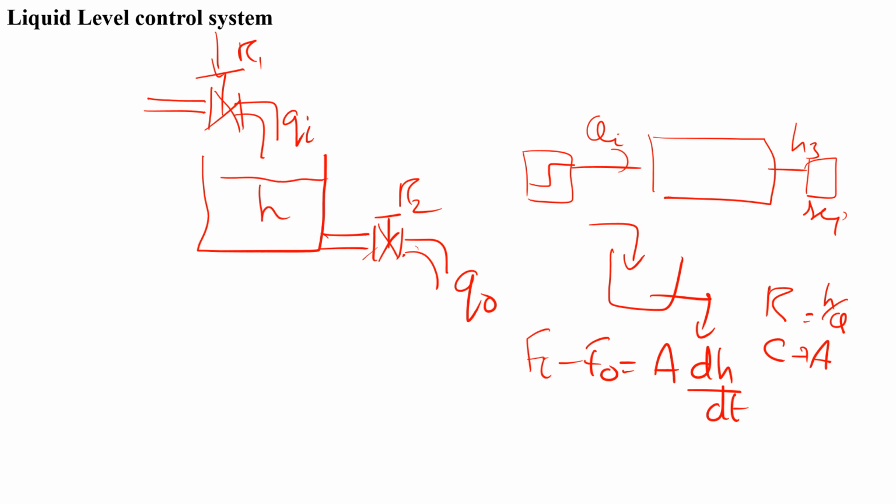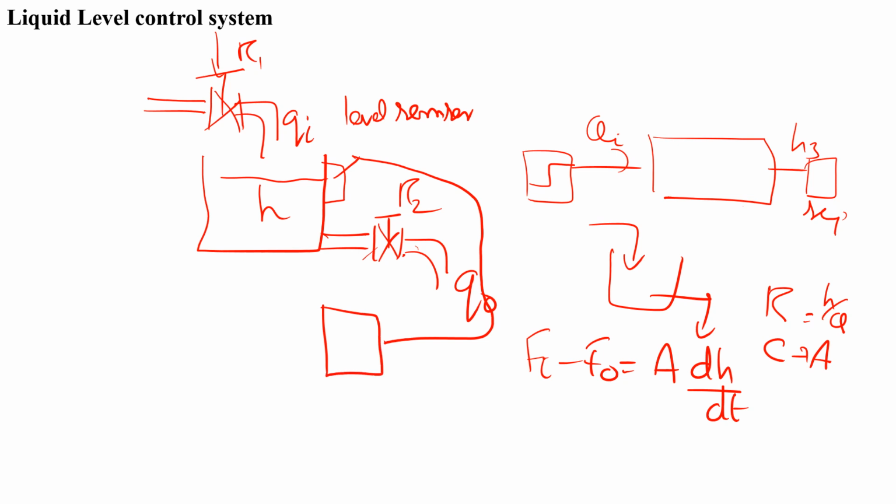Okay. So now just recollect the process control block diagram. This is the system. Here you have to keep a sensor. This is the level sensor. Suppose if you want to measure the flow, you have to keep a flow sensor or a level sensor. This level sensor information is compared with the set value, the set point. This is the current value. This is plus and minus.